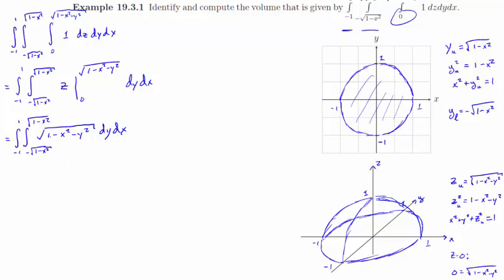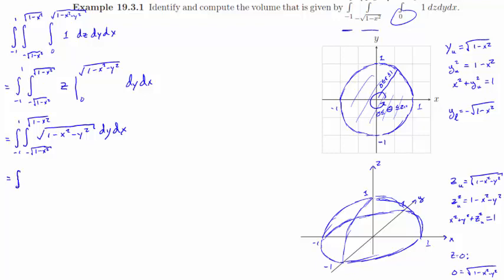So if I want to take this integral, I can switch it to polar coordinates by recognizing that in this xy plane, our domain is going to go all the way around in the theta direction. So theta is between 0 and 2 pi, and our radius is going from 0 to 1.